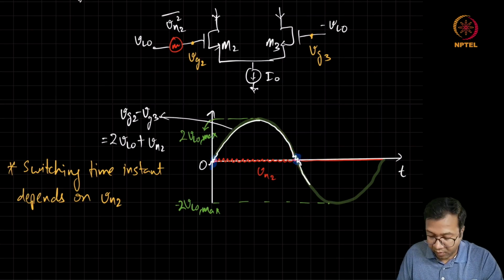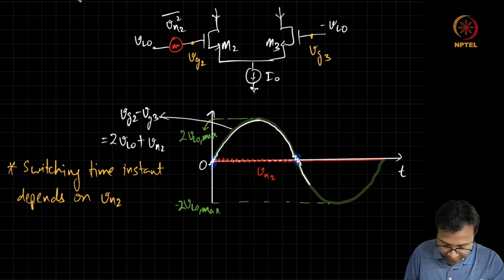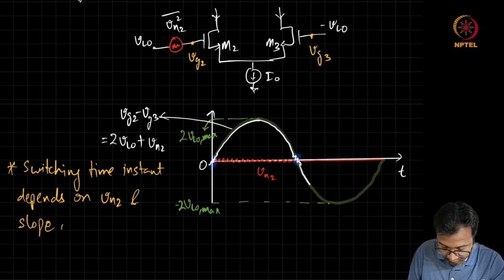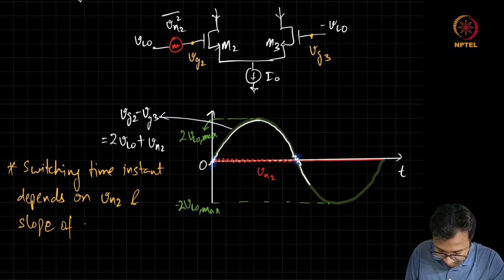If the slope is known and you know what is the extra VN2 which is present at this moment, then accordingly this zero crossing will be shifted by a value VN2 divided by the slope of VLO.